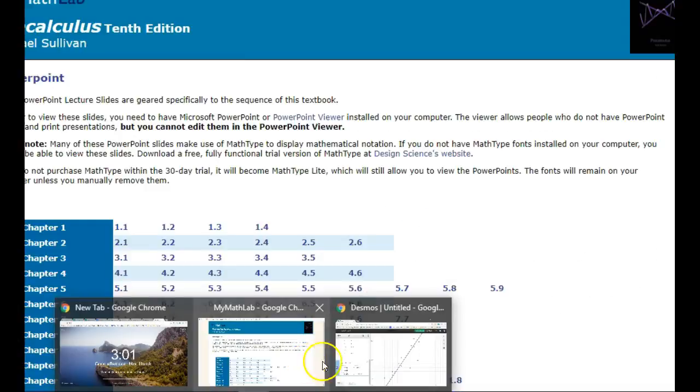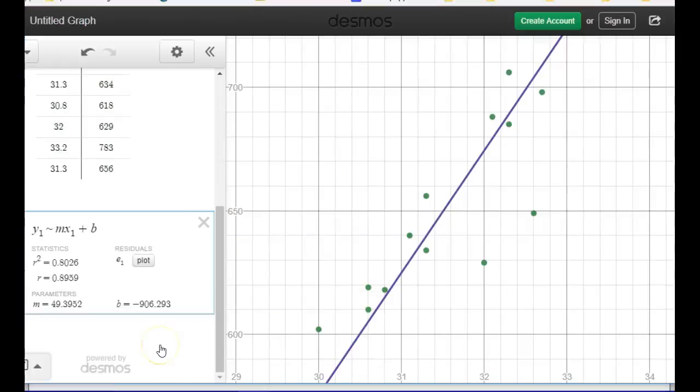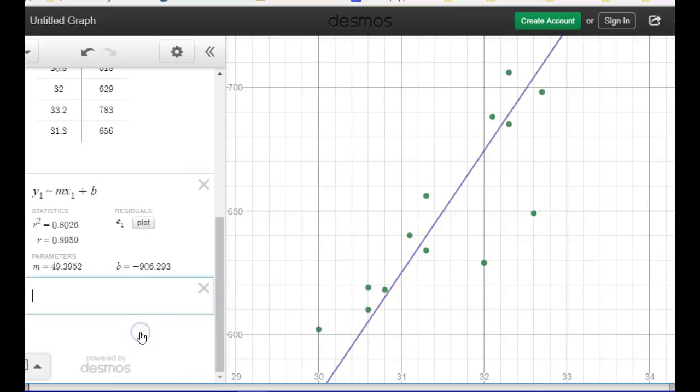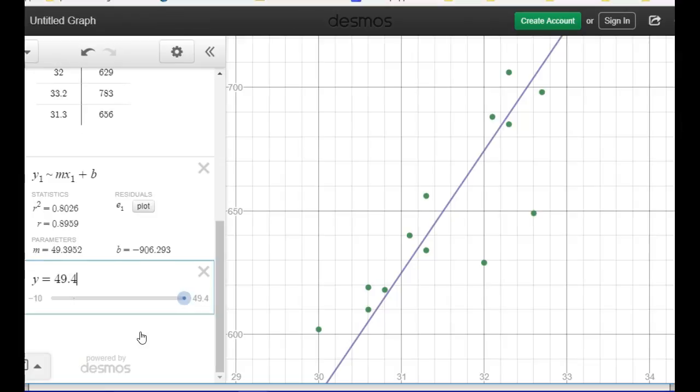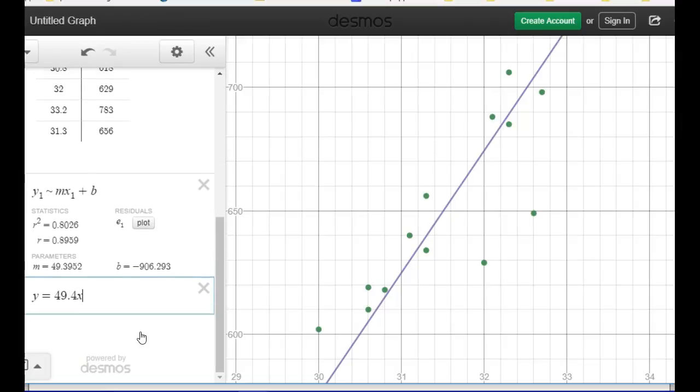I can also use Desmos to find that as well. I'm going to type my equation right below, just so I can see it: y equals 49.4x minus 906.3.